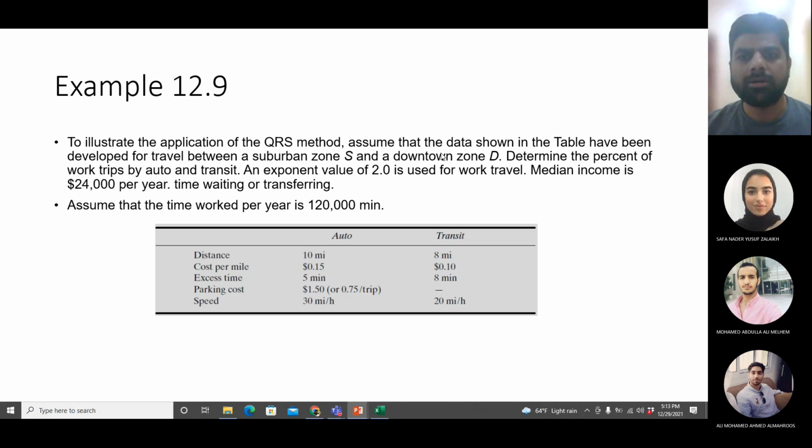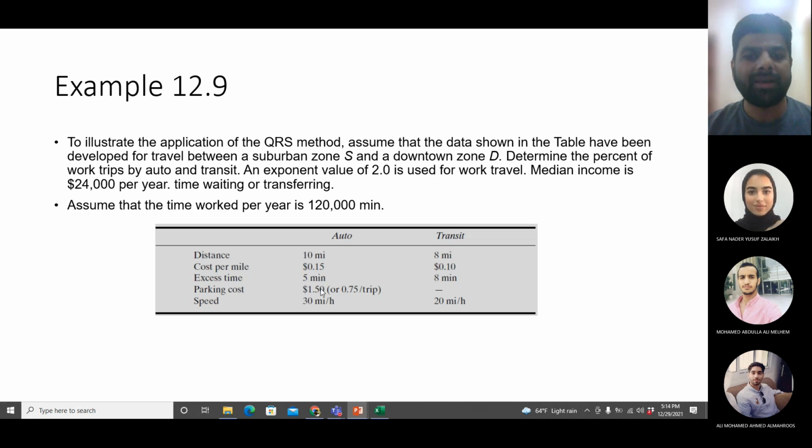So let's say we are assuming this data. We have data for auto and transit. Distance covered by auto is 10 miles, distance by transit is 8 miles. This may be because they have a rail service or something. So you can see the distance by transit is less. Cost per mile: they calculate the total cost of the entire trip for the car mode and the transit mode, and then divide it per mile.